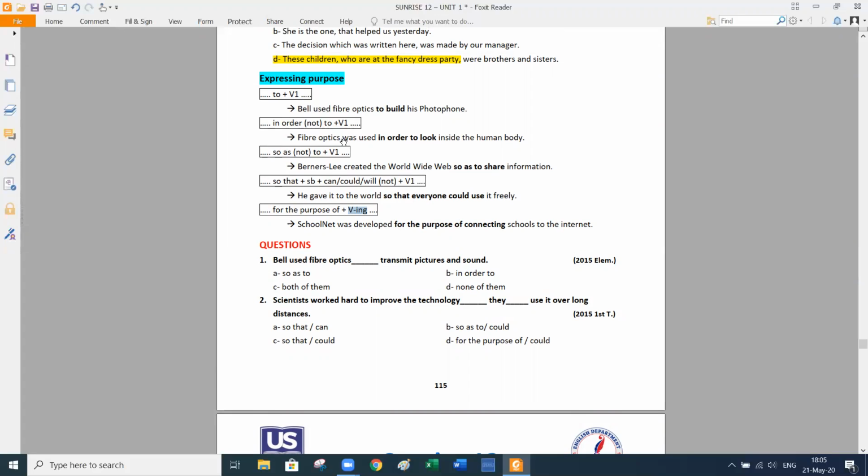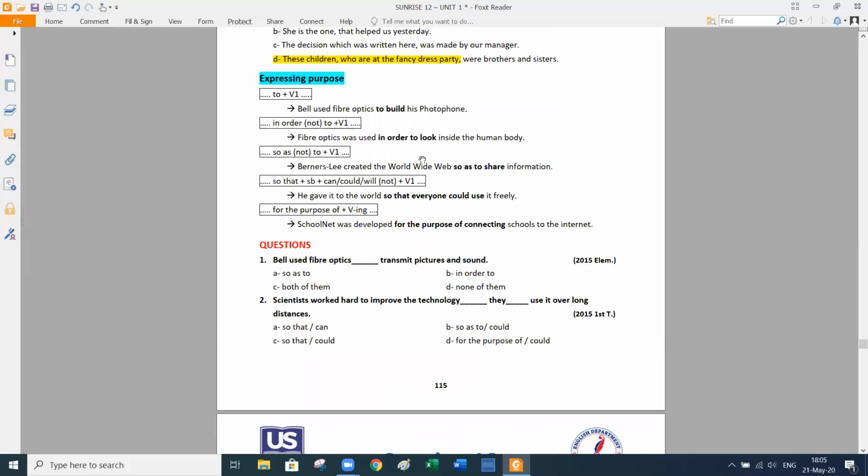In the first 3, we use infinitive with to, to plus verb 1. But in the fourth one, we don't use to, only verb 1. And in the last one, we use verb ing. That's important. For example, SchoolNet was developed for the purpose of connecting schools to the internet.